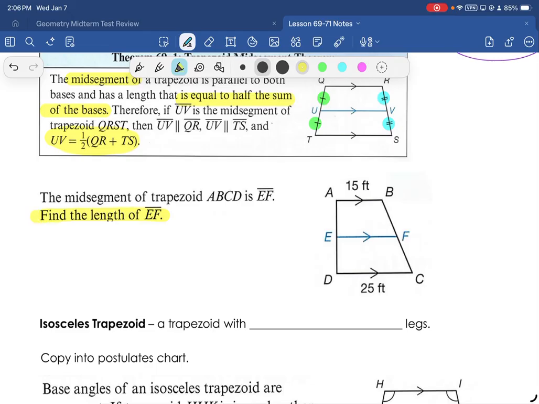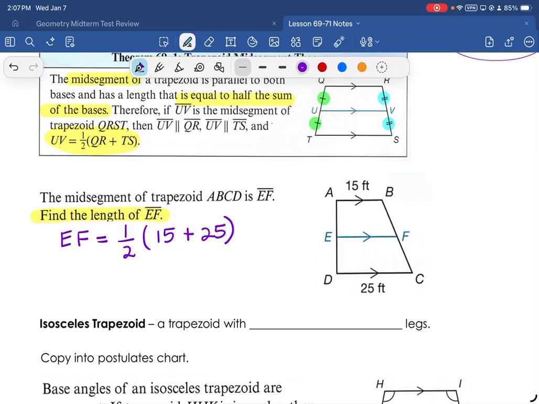So let's apply that formula from up above. We're going to write EF is equal to 1/2, open parentheses, AB, which is 15, plus DC, which is 25.